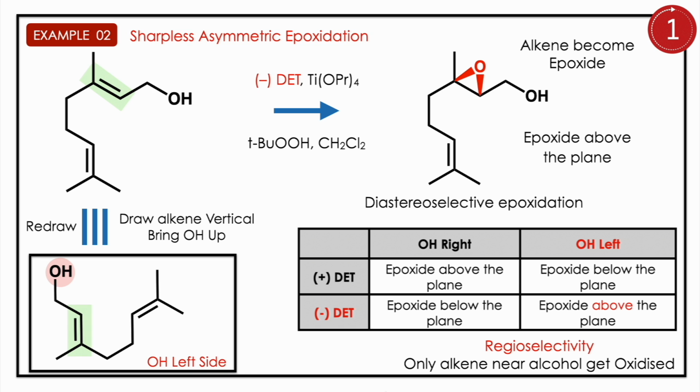So OH left side with -DET means, if you look at the table, it is above the plane epoxide. So only the allylic alkene reacts. Above the plane epoxide means you should position the oxygen above the plane. So the concept you outline here is that even with a complicated molecule, analyze the alkene with basics: bring the alkene vertical, OH on top of the plane.